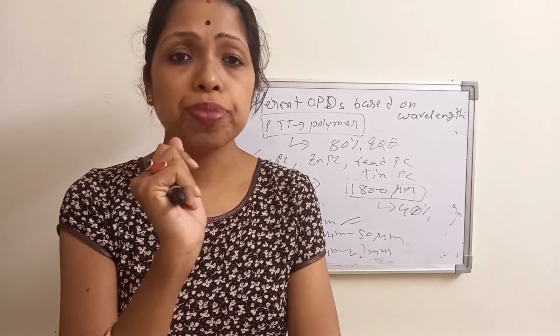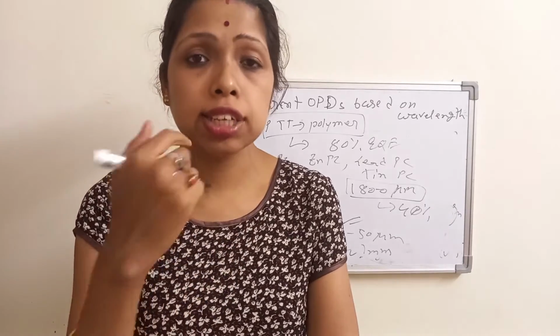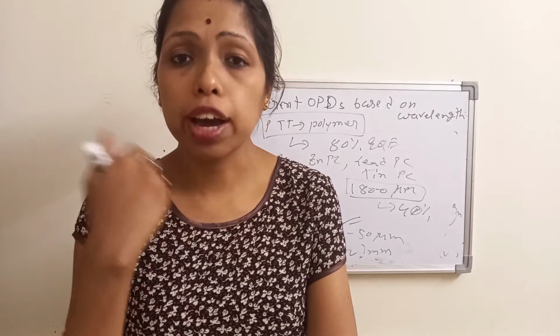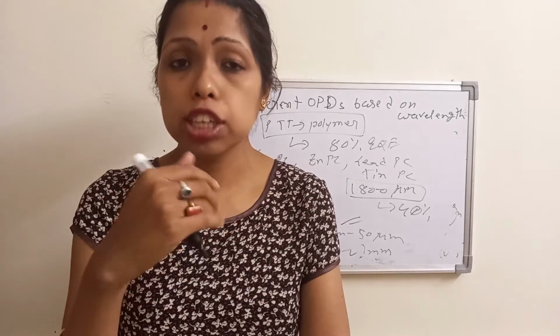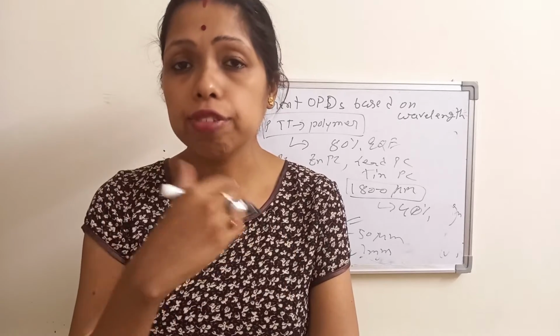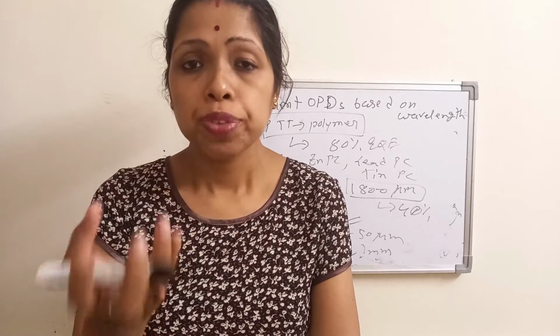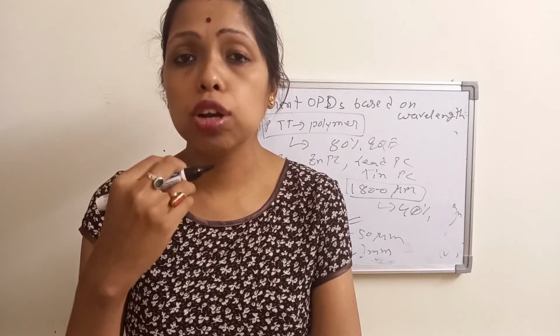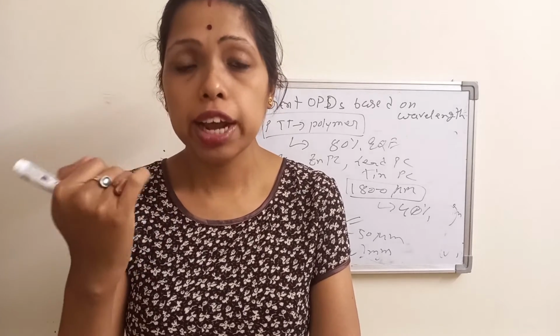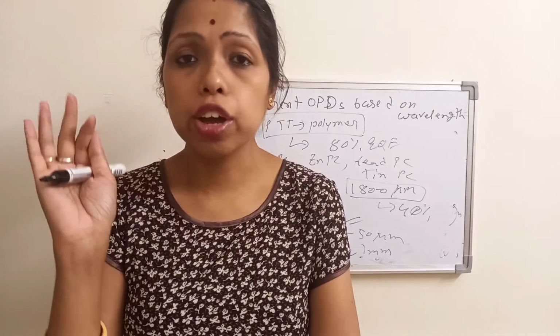But if we co-mix different kinds of organic materials, and synthesize such an organic material for near infrared photodetectors, this will be more suitable, but it will take time and it will cost more. It will be costly, so research is still going on.